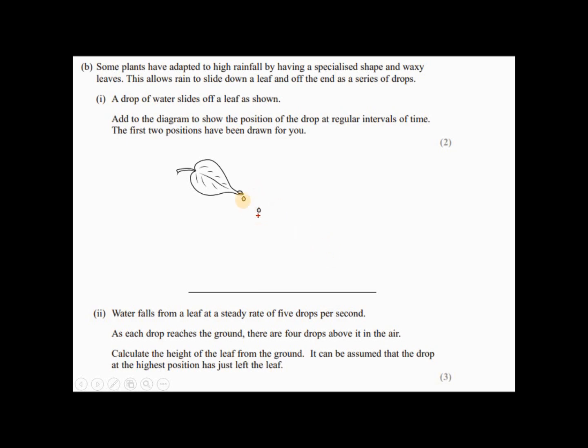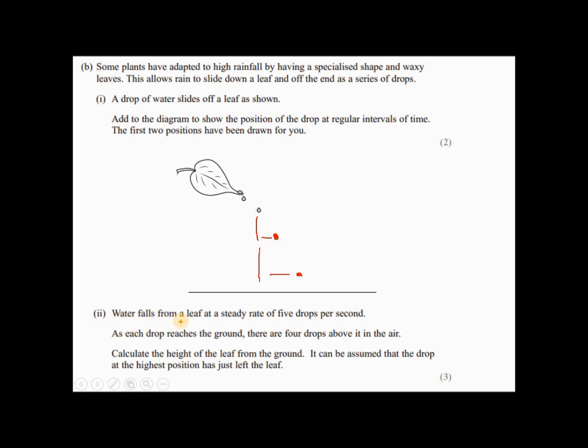So when you drop the next drop, it should be at a greater depth, the third one should be greater, like this, and then like this, and so on. You need to take care of the horizontal distance. This distance must be same, something like this. So that's how you see the situation.